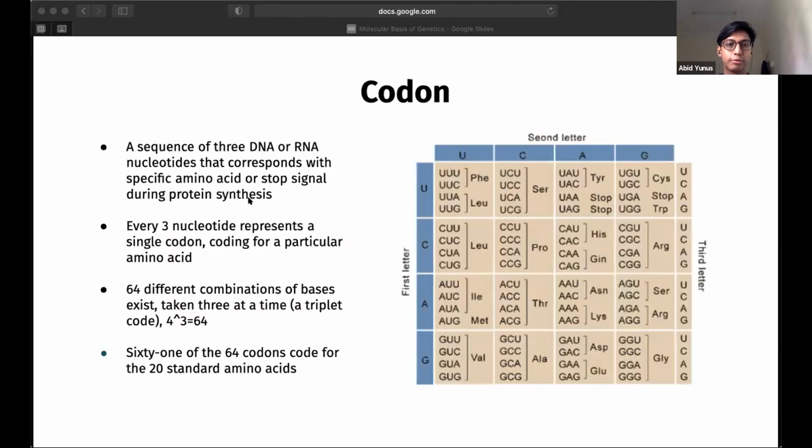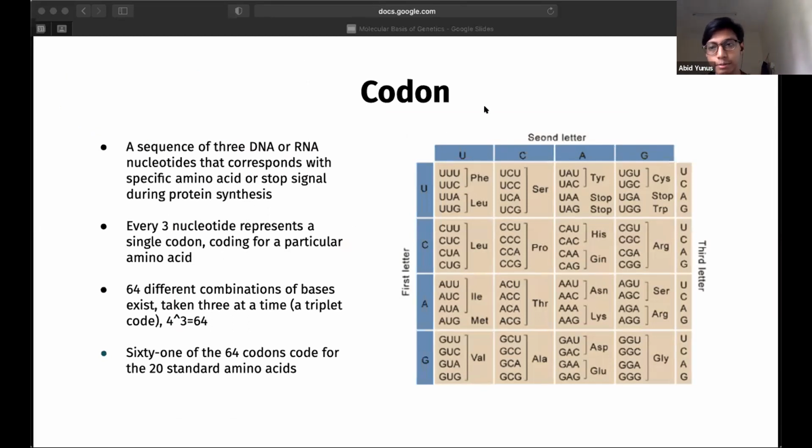Okay, before we go into translation, I just want to quickly go over the codons. So a codon is a sequence of 3 DNA or RNA nucleotides that corresponds with a specific amino acid or stop signal during protein synthesis. Every 3 nucleotides represent a single codon coding for a particular amino acid.